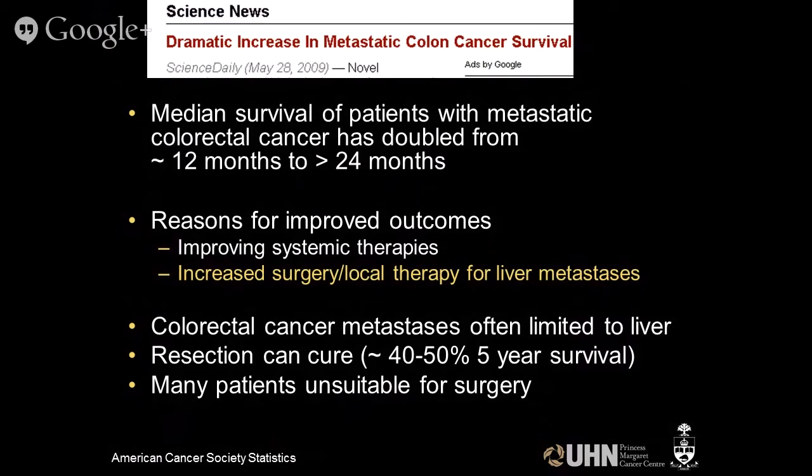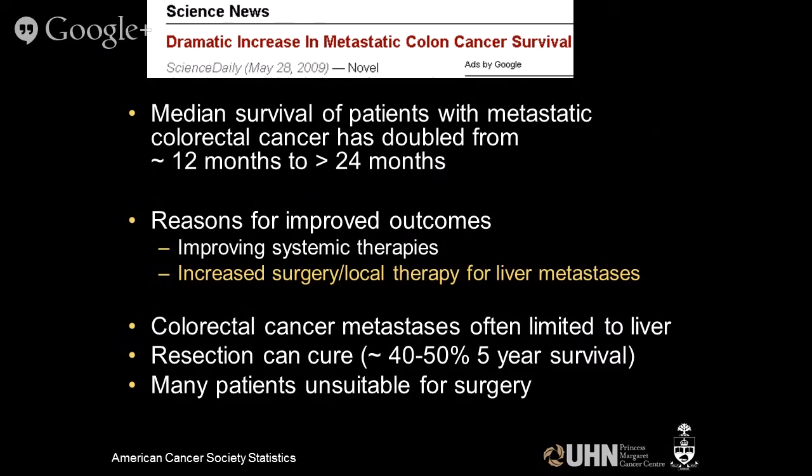Metastatic colorectal cancer is also an important disease. The survival of patients with metastatic colorectal cancer is improving. Median survival has doubled over the past decade. Reasons for improved outcomes include improved systemic therapy, but also increased use of surgery or local therapies for liver metastases.